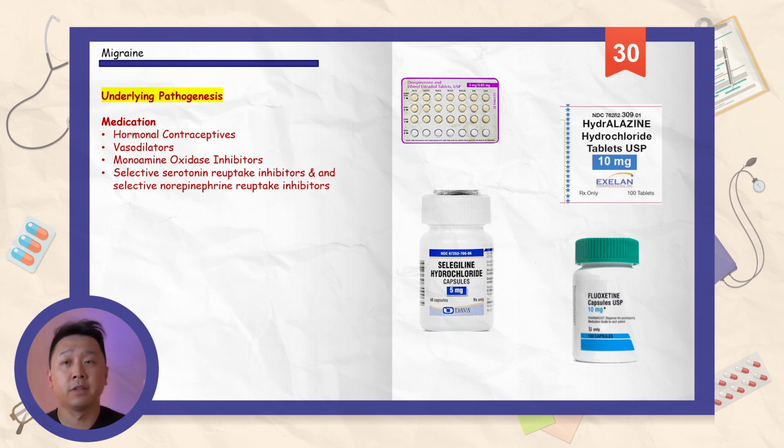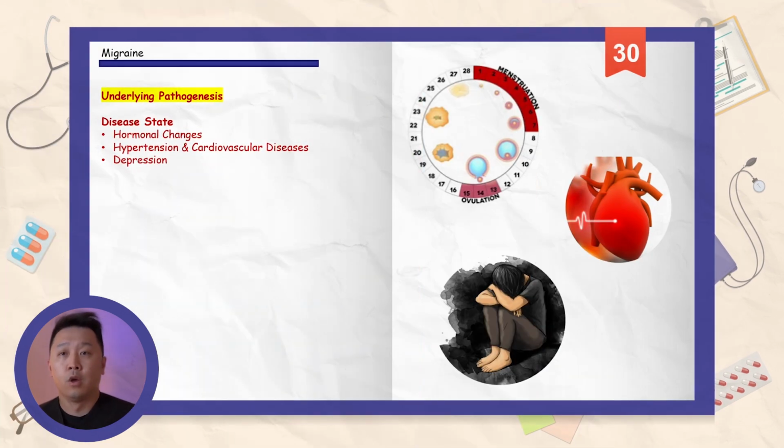And to relieve the increase in intracranial pressure, the cerebral vascular blood vessel would have to compensate by causing vasodilation, which in turn may translate into a migraine attack. Examples of these medications are shown to the right, such as selegiline, which is an MAOI, and fluoxetine, which is an SSRI.